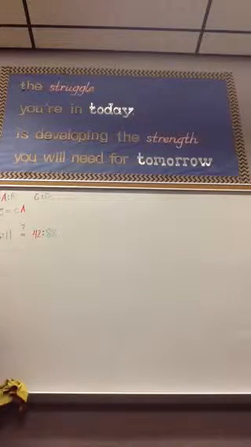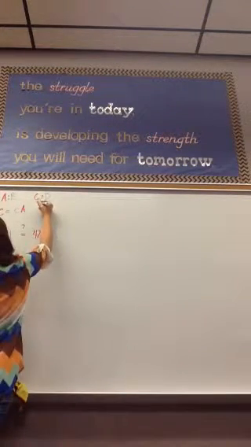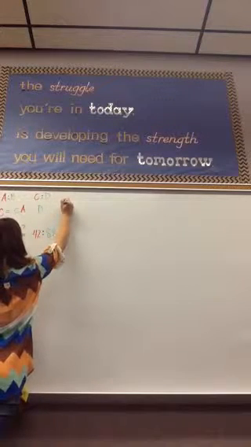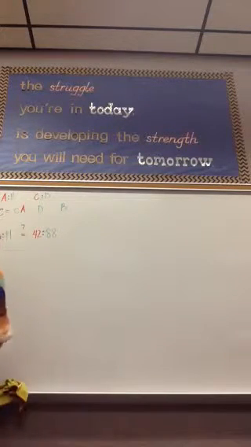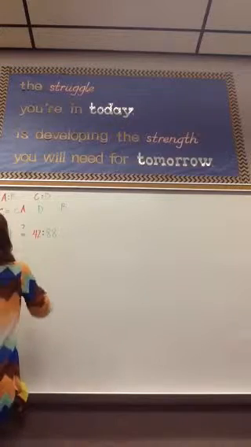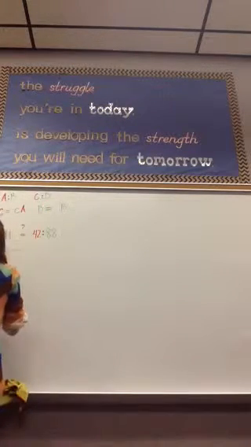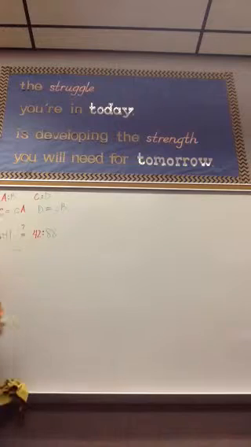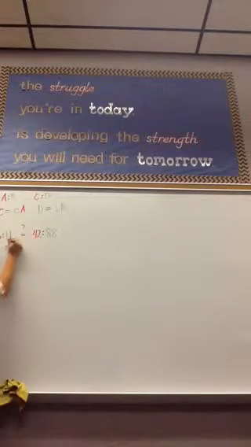So 6 times 7 is 42, and it looks like we're off to a good start. So far we've got a match. But now we need to remember d equals c times b. So we need to take this same value c and multiply it times b. 7 times 11 is 77.